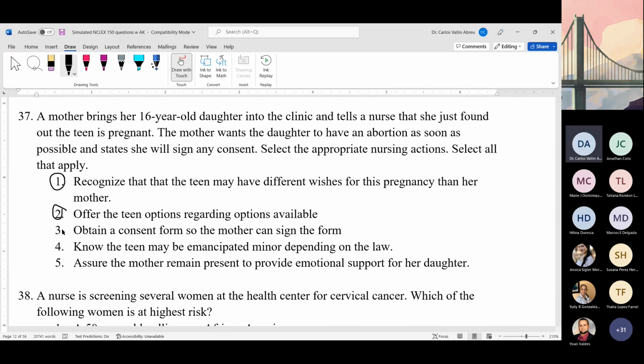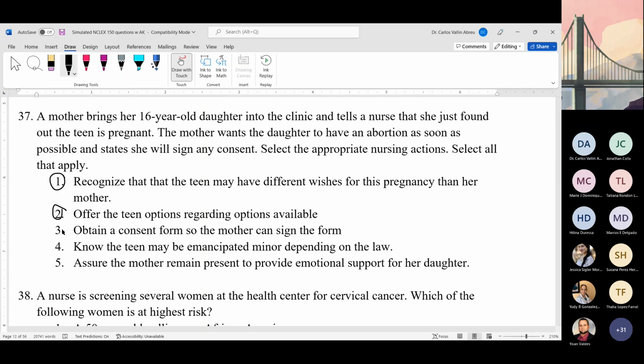Know that legally a minor in the states where abortion is legal cannot have an abortion without the consent of the parents. This is true in all the states without exception.